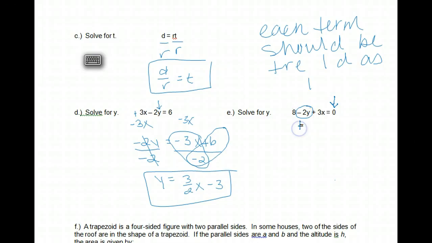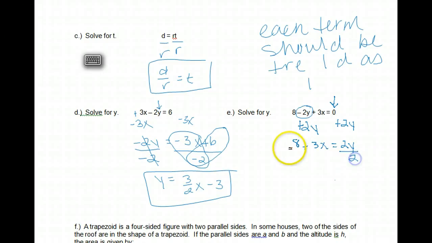So some people would choose to add 2y to both sides, and that gives you 8 plus 3x equals 2y. The reason that some people choose to do that is because the right-hand side is equal to 0. By moving the 2y, you're only moving one term. So it's less manipulation, less math to do.